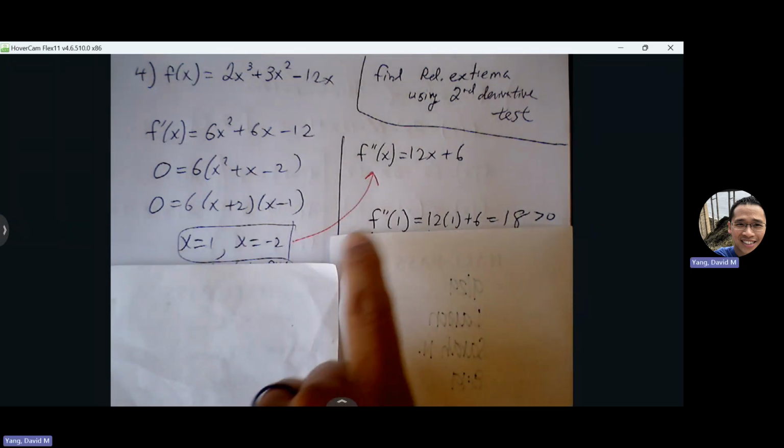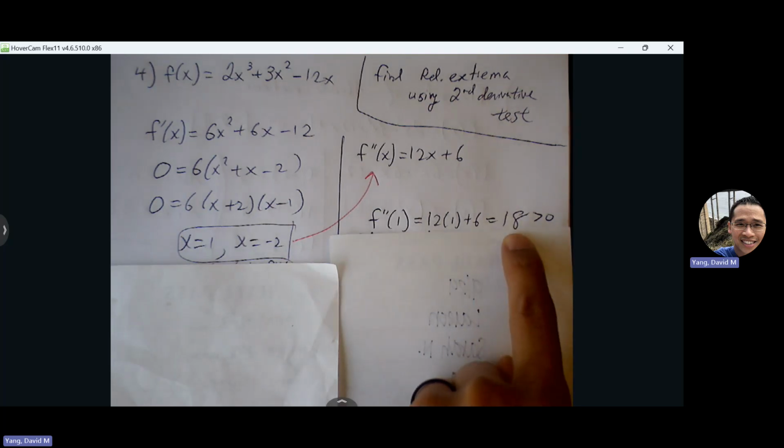So when I do direct substitution into the second derivative function, I get 18.